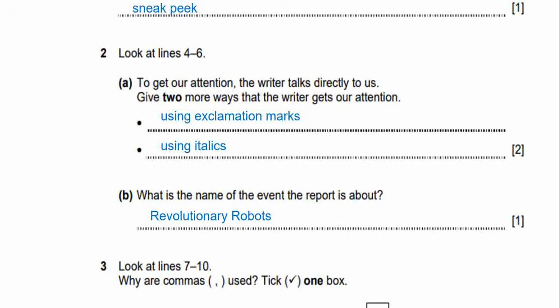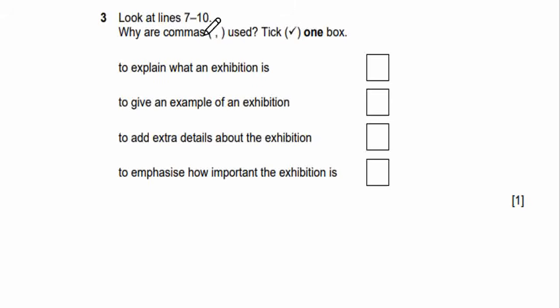Next, question 3. Look at lines 7 until 10. Why are commas used? Tick one box. So only one box. To explain what an exhibition is. To give an example of an exhibition. To add extra details about the exhibition. To emphasize how important the exhibition is.